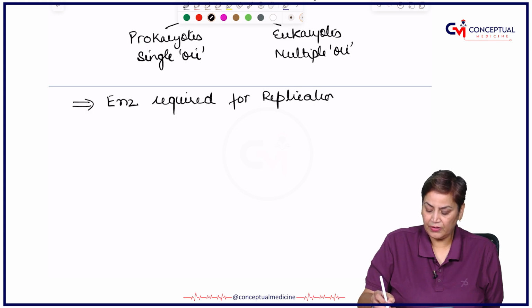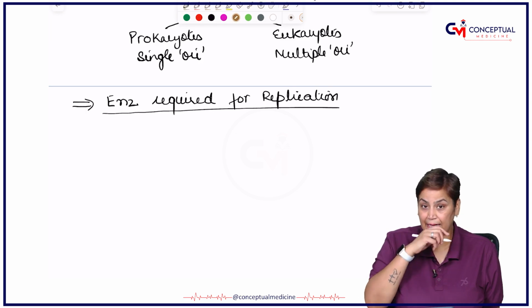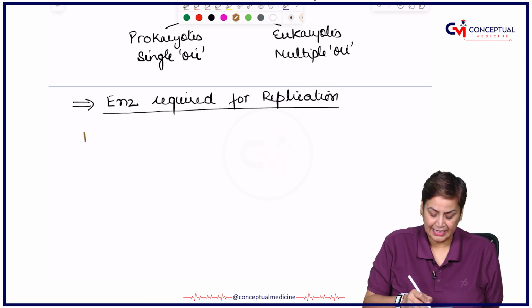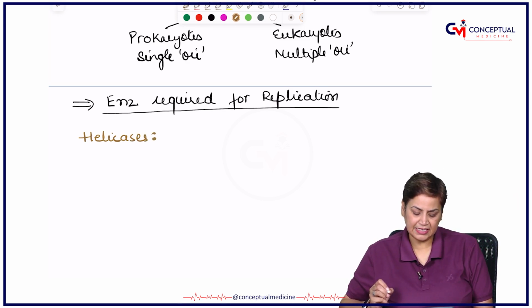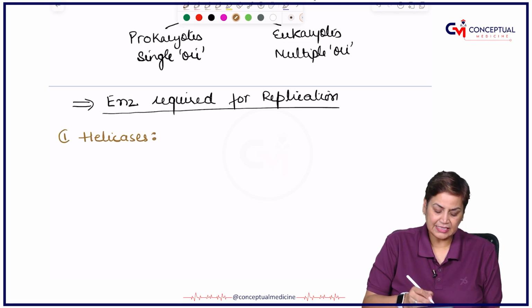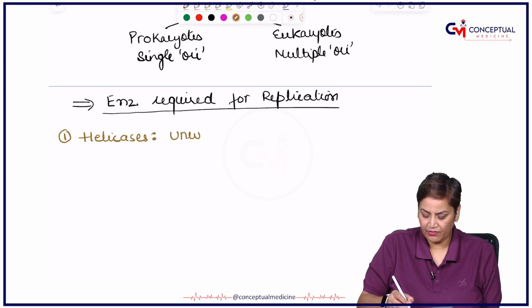Right. So if we talk about the enzymes, the most important enzyme here is helicases. Now what is the function of this helicases? First enzyme, it is unwinding the helix. So the first function is unwinding of helix.